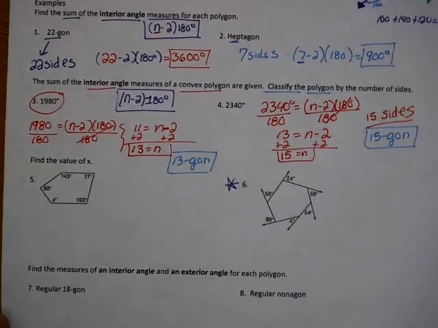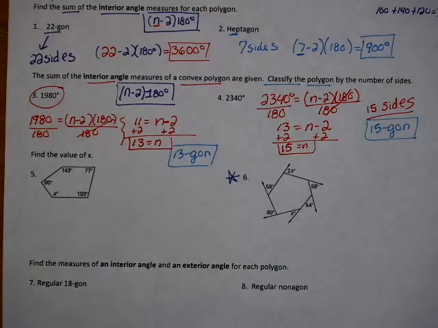All right, our next two examples. Example 5 is going to be using interior angles. When you're looking at your shapes, there are two things you want to ask yourself: are you working with interior angles, or are you working with exterior angles?